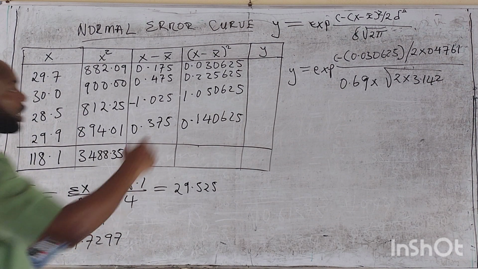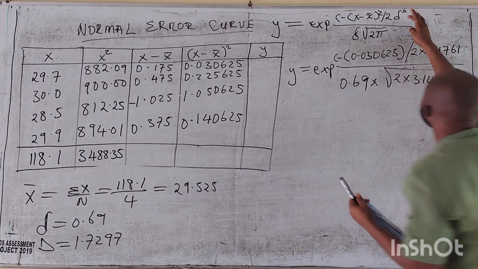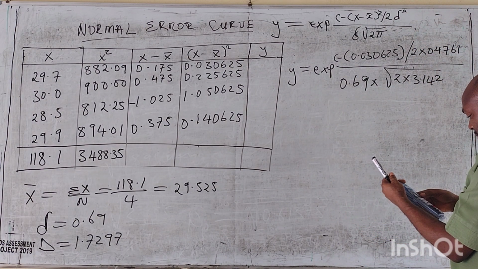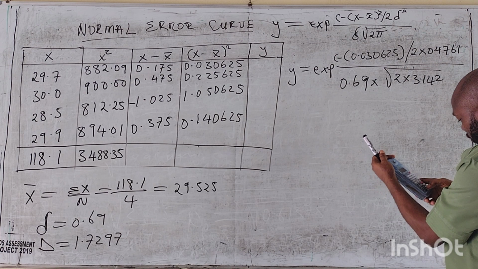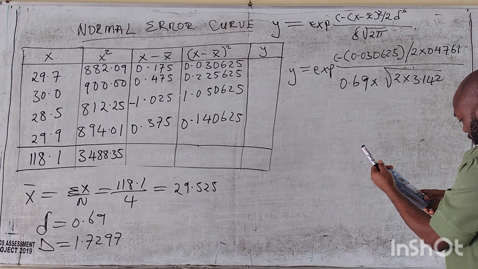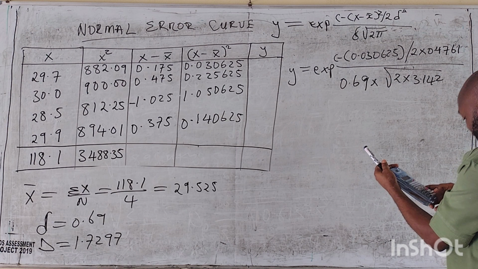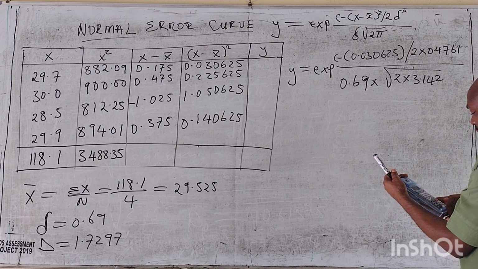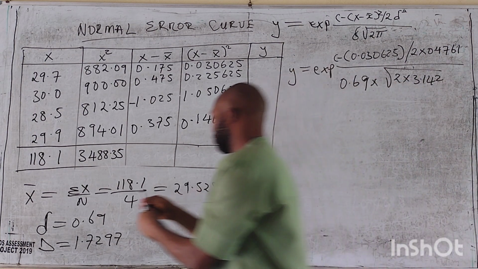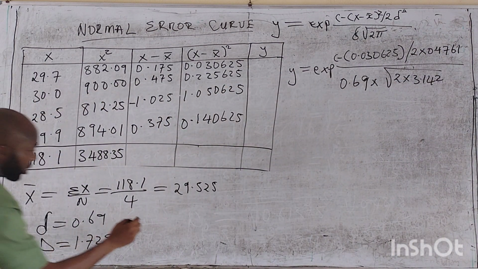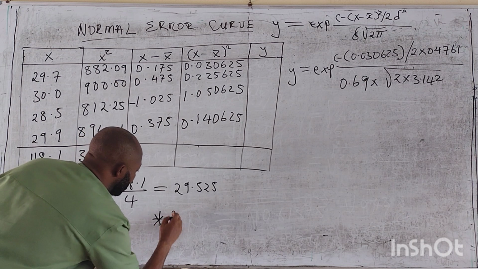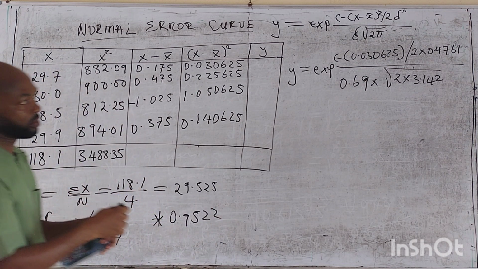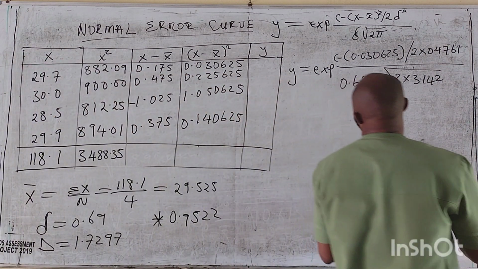Okay, now on this other side, let me multiply by 2. 2 times 0.4761 will give me 0.9522. Alright, so with this we can now move faster.